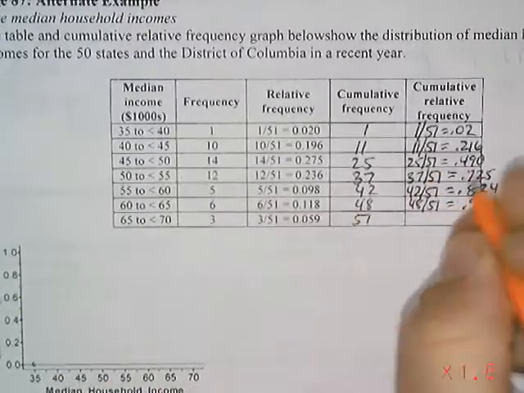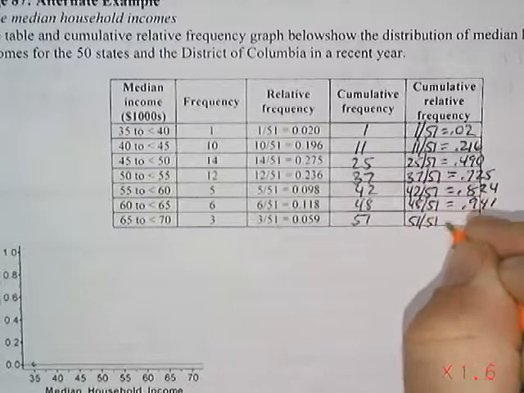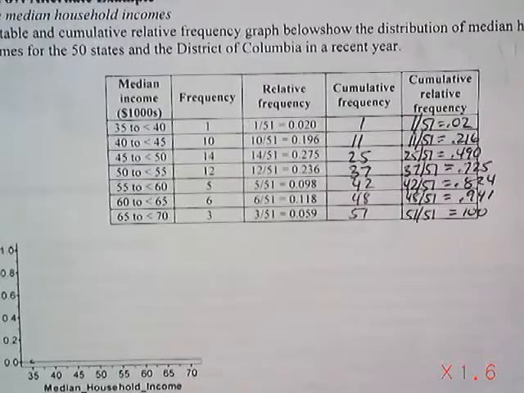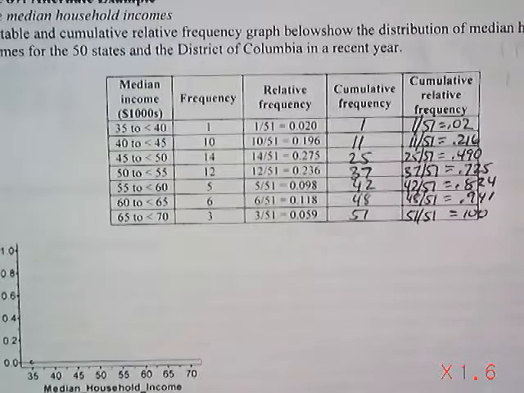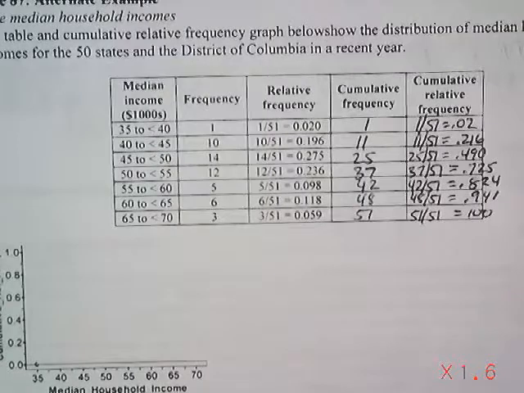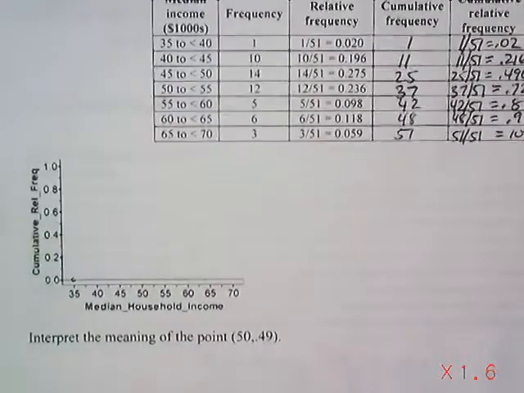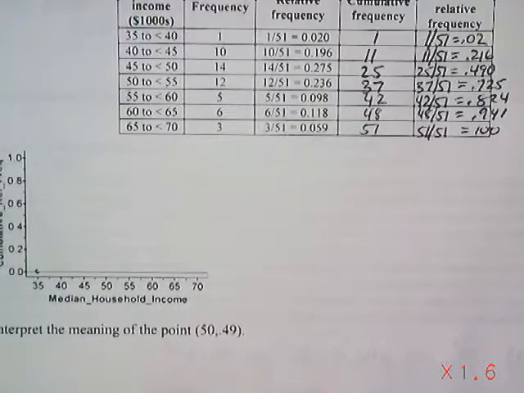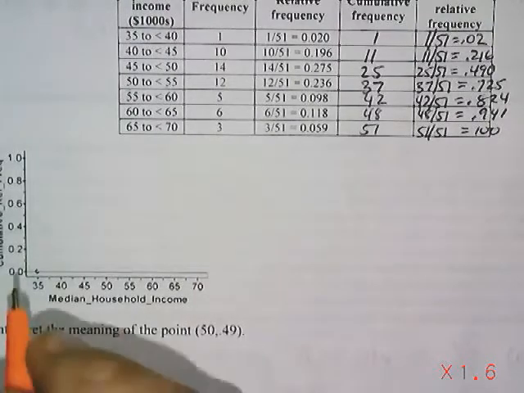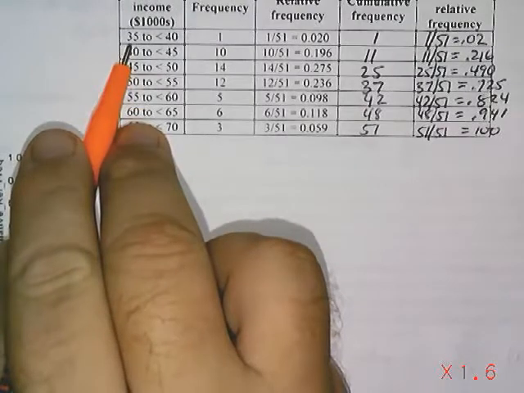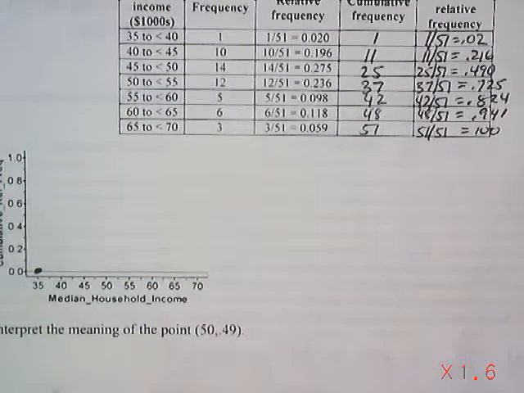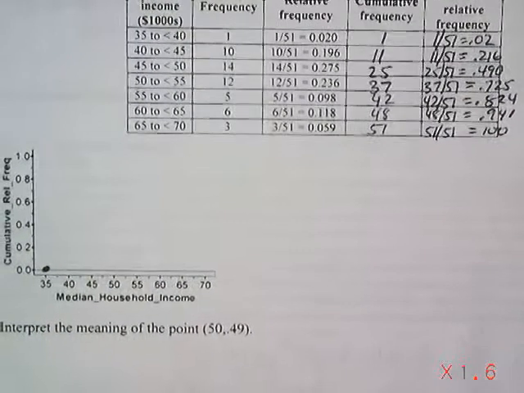So what that means is that 49% of states had median household income of less than $50,000. That's what it means. So let's say it again. I'm going to zoom out a little bit here. 49% of states had a median household income of less than 50,000.